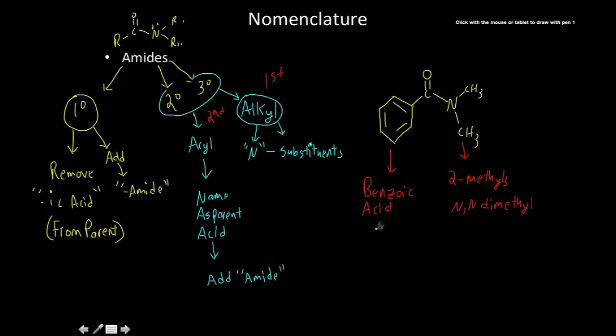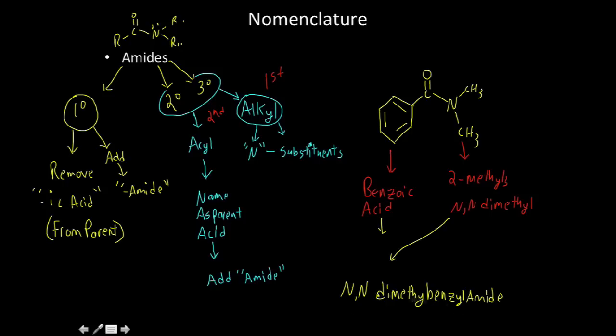I have a benzoic acid here, but this comes first, so I'm going to put it over here. So I'm going to name this species as N,N-dimethylbenzamide, or benzylamide if you'd like to think about it. Okay, see where that came from?